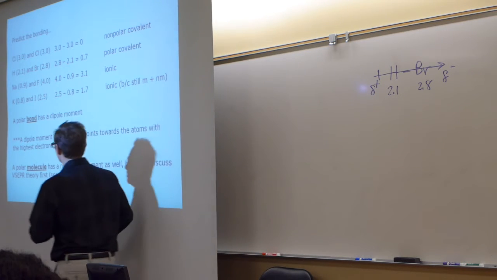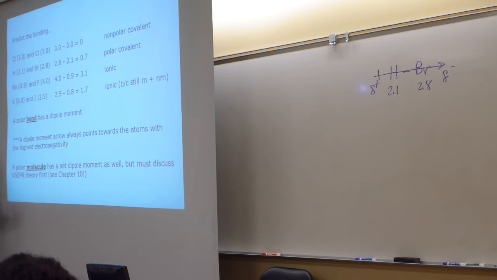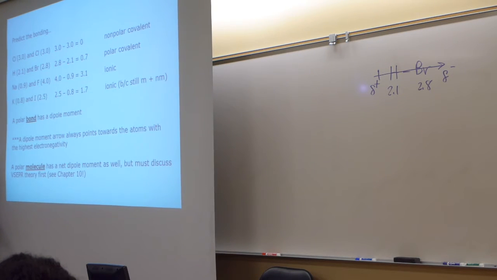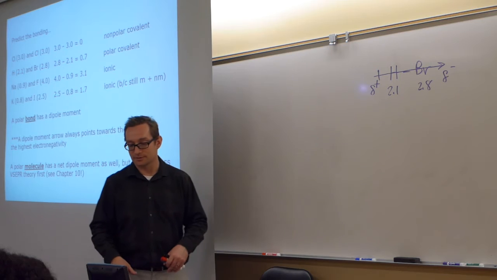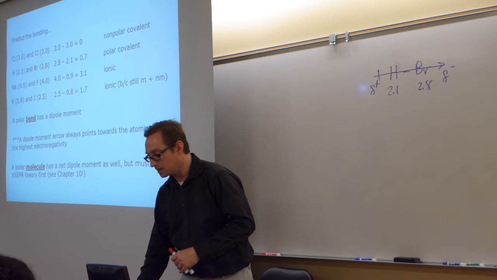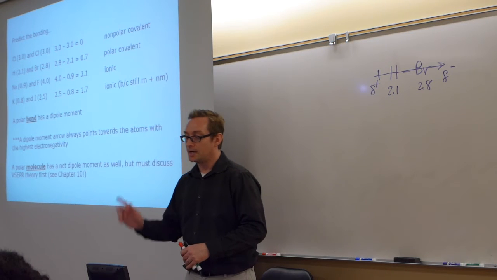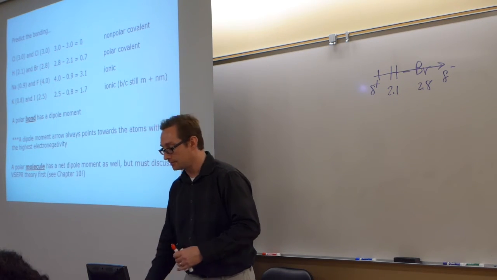A polar molecule has a net dipole, that's why they use the word net. A polar molecule has a net dipole moment as well, but we have to get through VSEPR first before we get to molecular polarity. But we will use electronegativity to do Lewis structures. So it's bond polarity, then molecular polarity. I will be honing in on this in the next couple weeks.